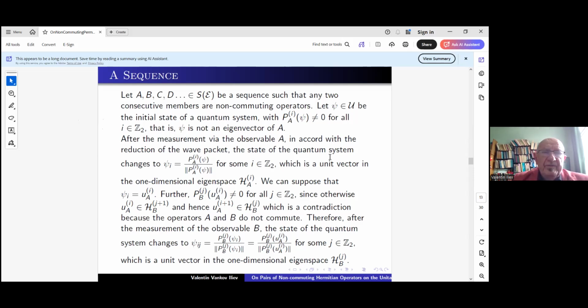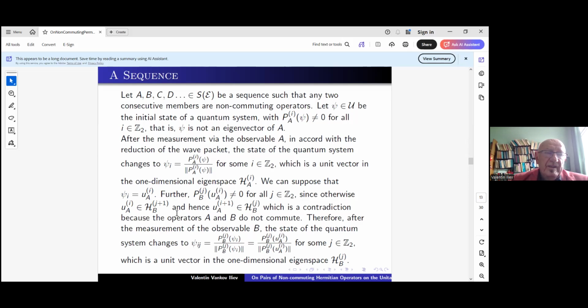After the measurement via the observable A, in accord with the reduction of wave packet, the state of the quantum system changes in this way: psi becomes this vector, for some i in Z2, which is a unit vector in the one-dimensional eigenspace H_Ai. But there is another unit vector there, this is U_Ai, and we can suppose that they are equal.